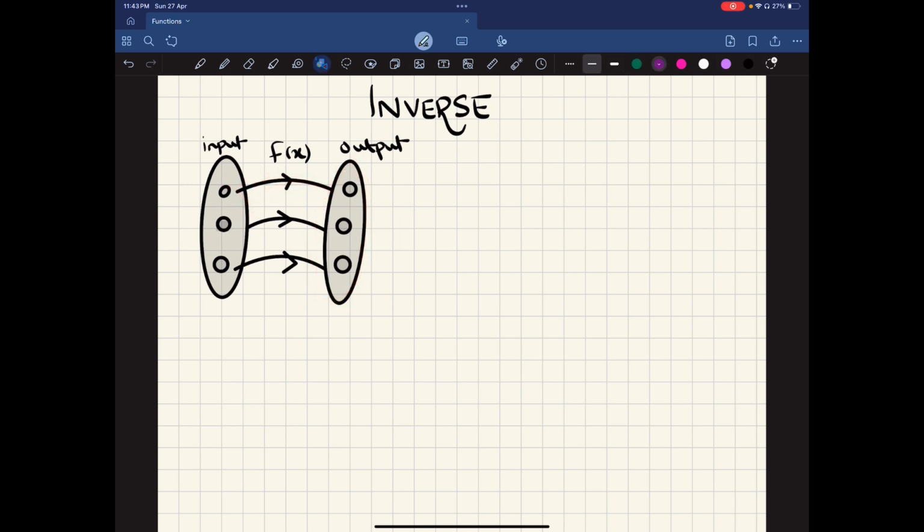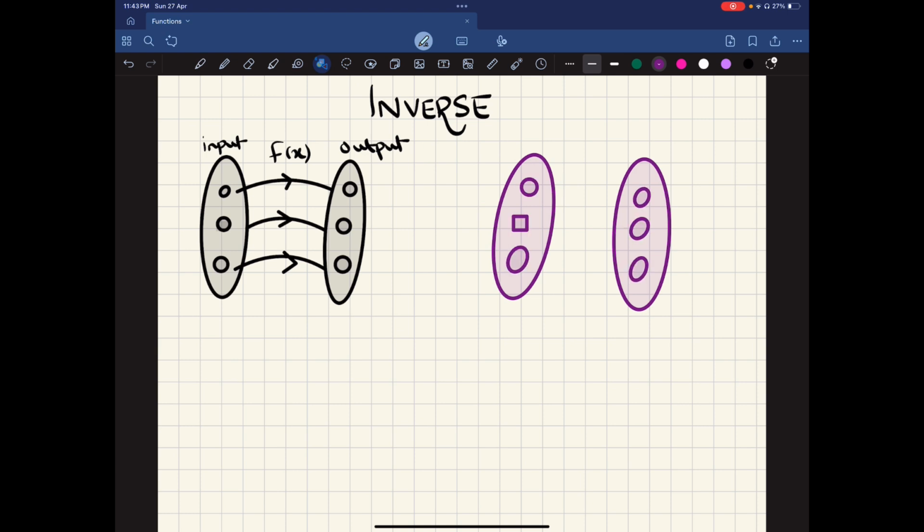So what is happening here? These are the output values and they're being mapped onto the same input values by what function?